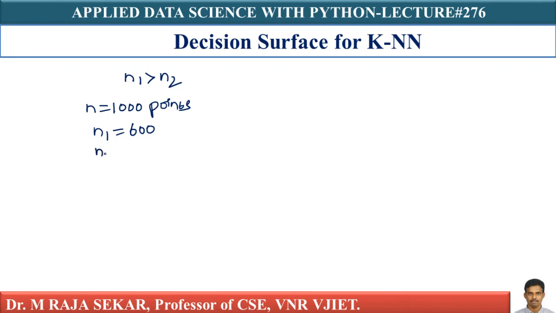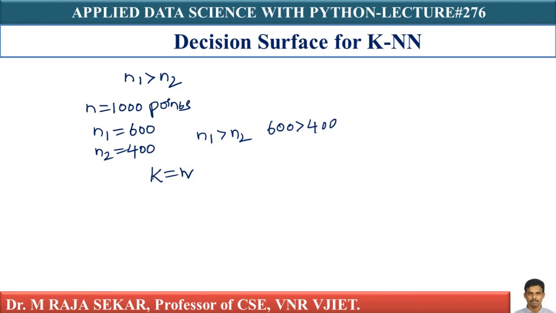My N2 is 400 points. Obviously, N1 is greater than N2, because 600 is greater than 400, isn't it? I am creating just an example here to understand what happens when k equal to n.